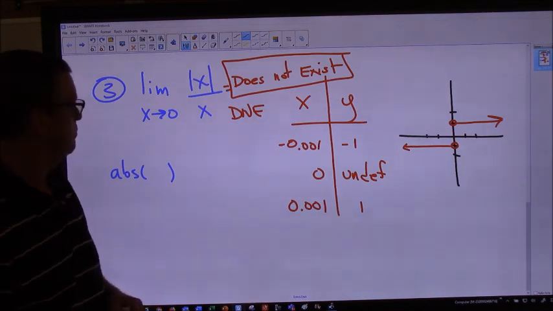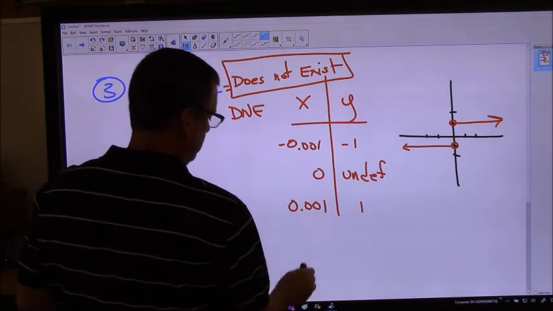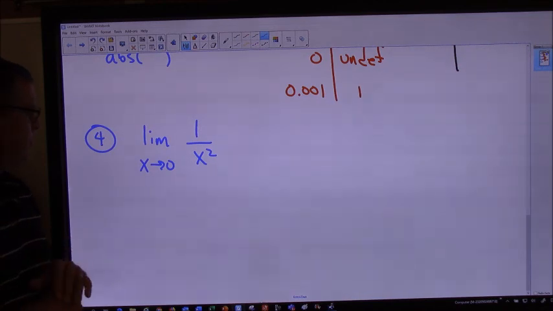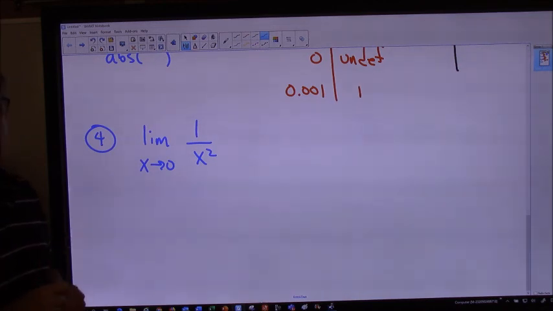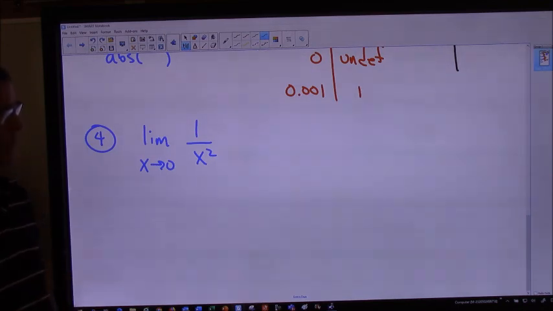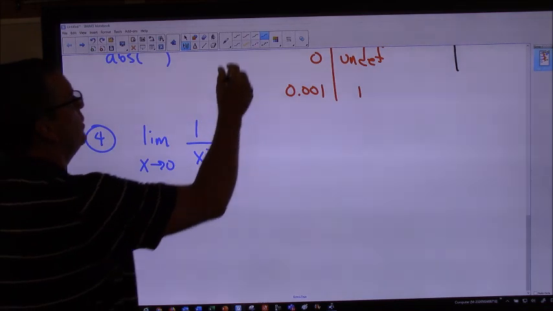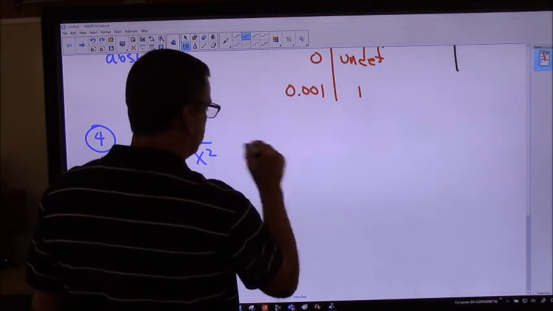All right, let's try the limit as x approaches 0 of 1 over x squared. You guys give it a shot. All right, so here's my numeric method.